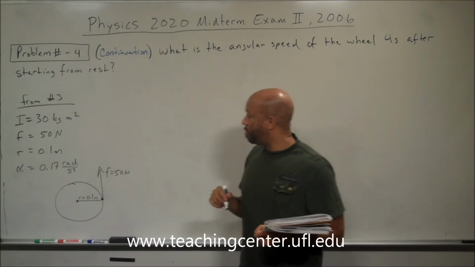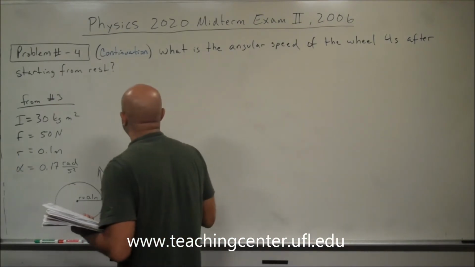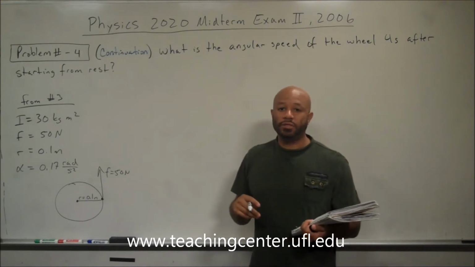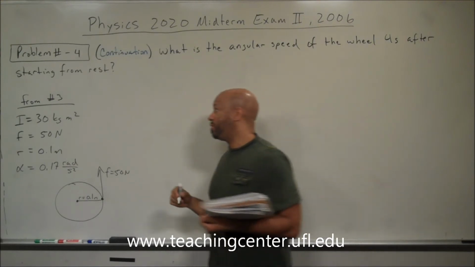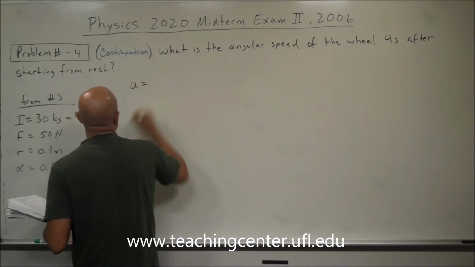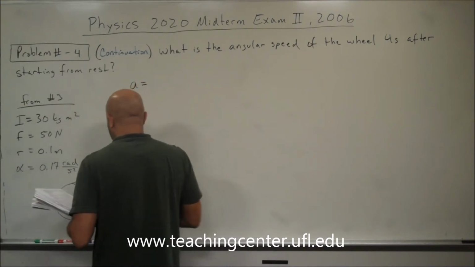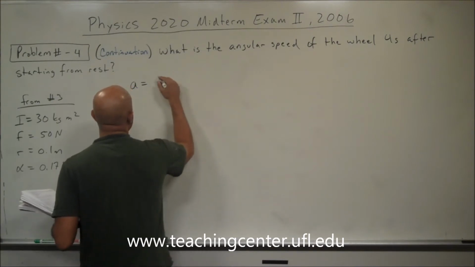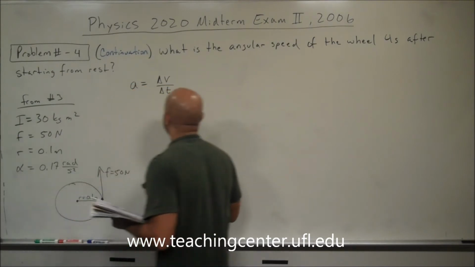We know that rotational motion is analogous to translational motion, and in translational motion we would be talking about acceleration, which would equal your change in velocity over the change in time.